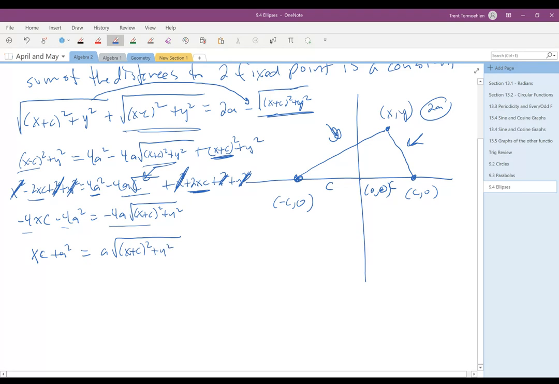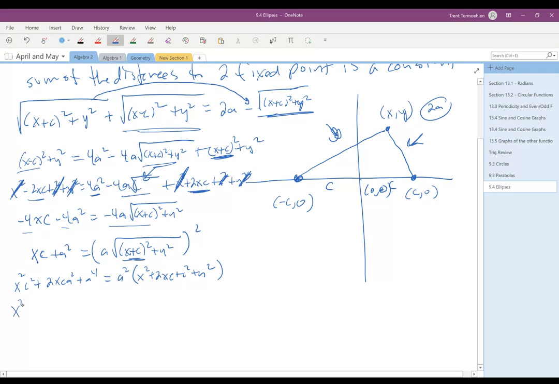Square both sides again, and so that's going to give me x squared c squared plus 2xca squared plus a to the fourth equals a squared times, and since we squared this side, that square root just goes away. And so that's going to be x squared plus 2xc plus c squared plus y squared when I multiply this out.